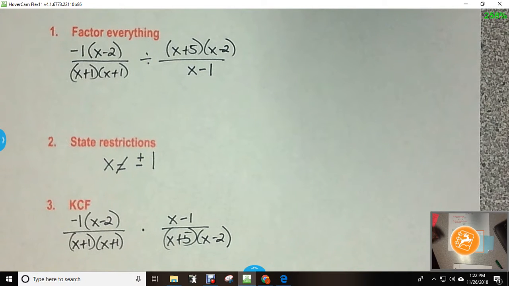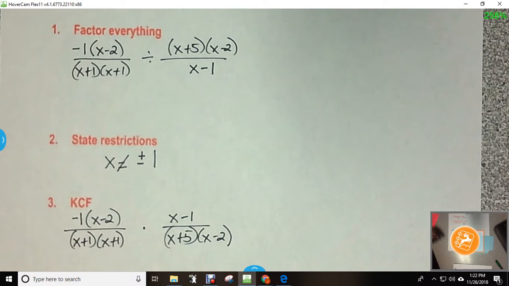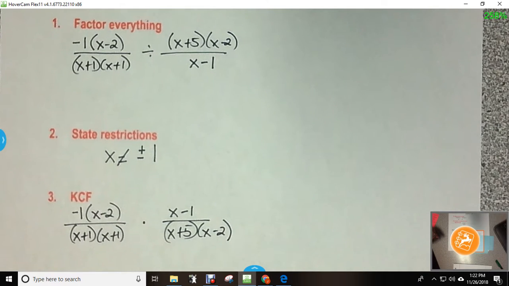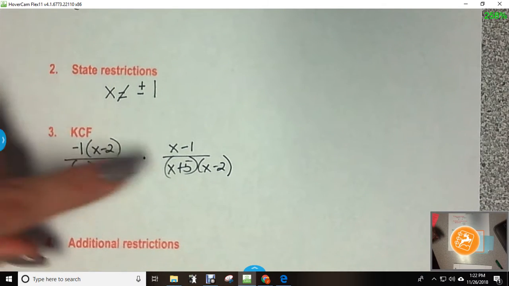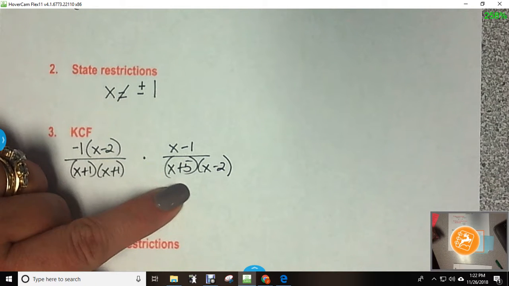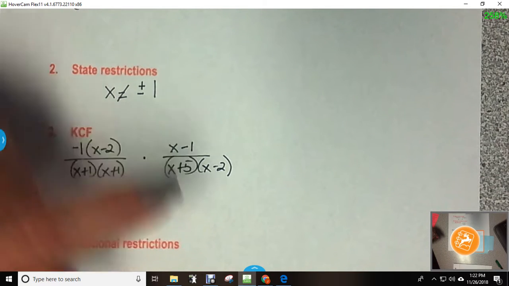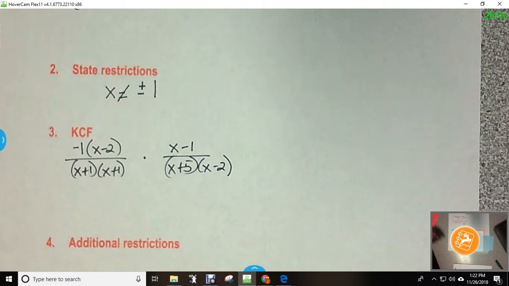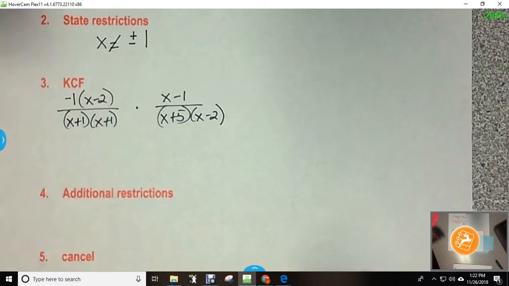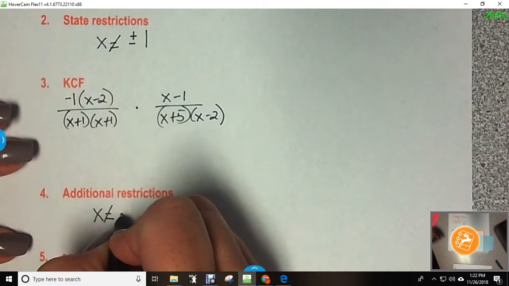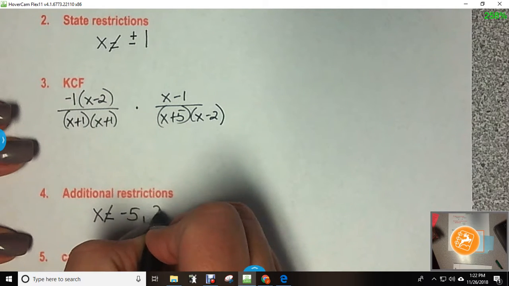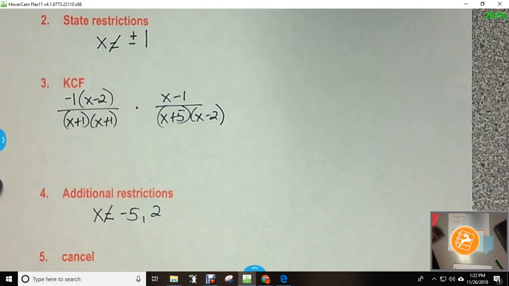Now, when I flip that, don't I end up with some new stuff on the bottom? Mm-hmm. So that means I have some new restrictions. So my additional restrictions will be x cannot equal -5 and +2.